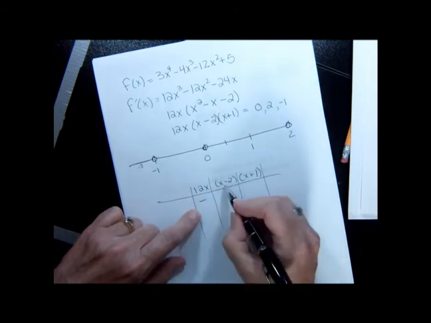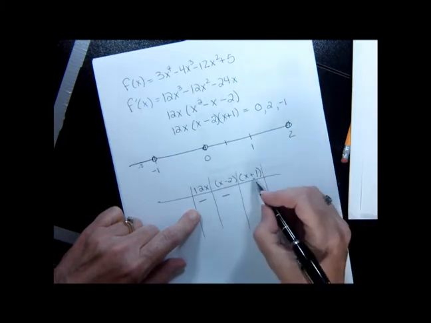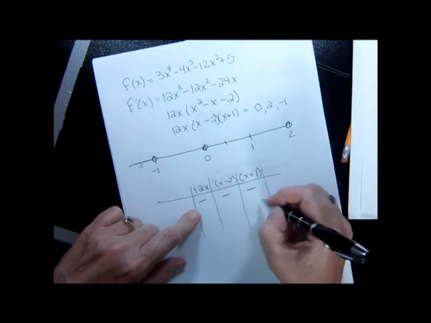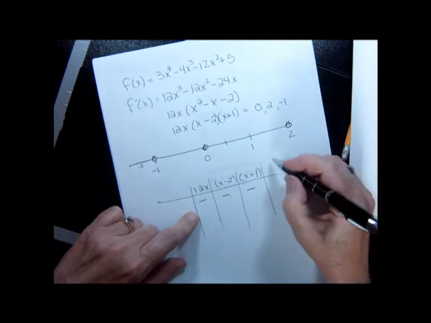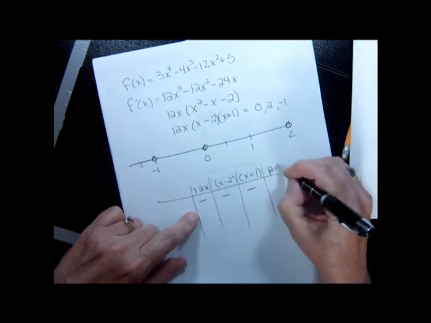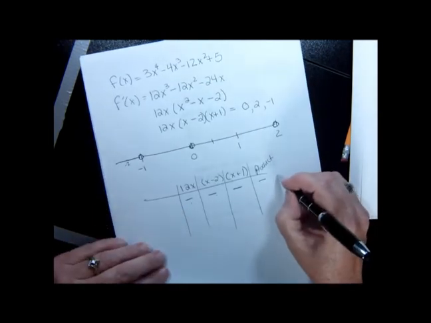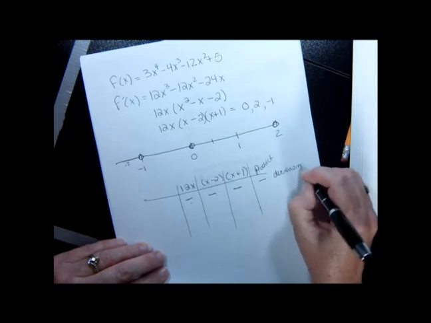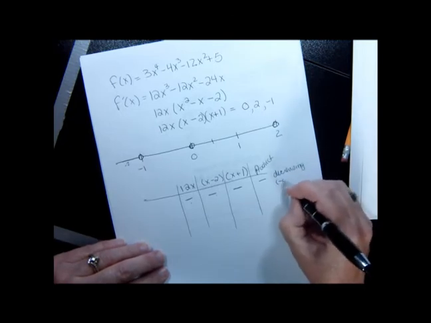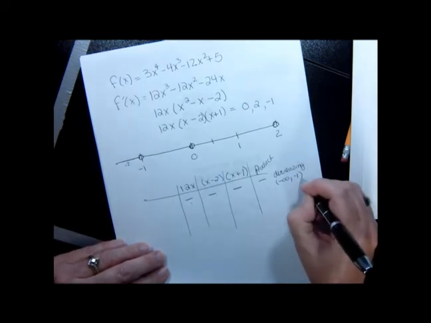Each of the three factors will be negative, and a negative times a negative times a negative will give me a product of negative, which means it will be decreasing from -infinity until I reach -1.